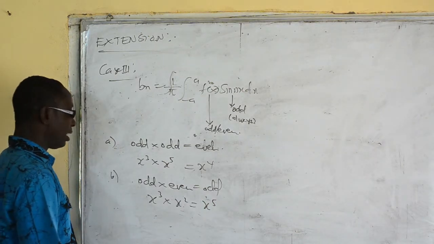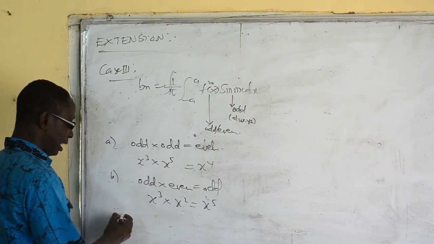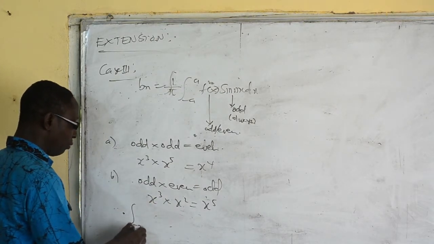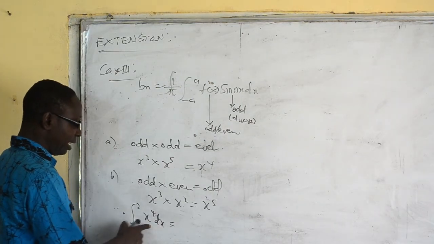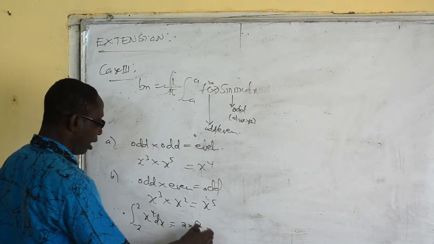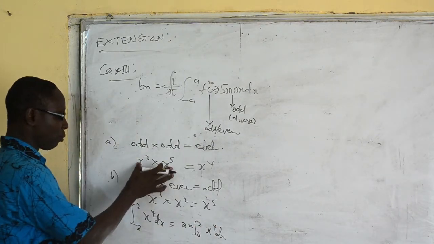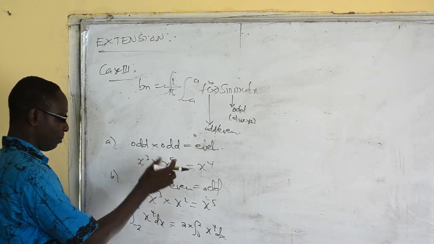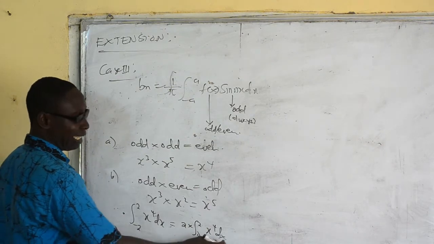So if I'm integrating from negative 2 to 2 of x to the 4 dx, because this is even, it's the same as 2 times the integral from 0 to 2 of x to the 4 dx. If whatever is here is even, then it will be 2 times that answer.